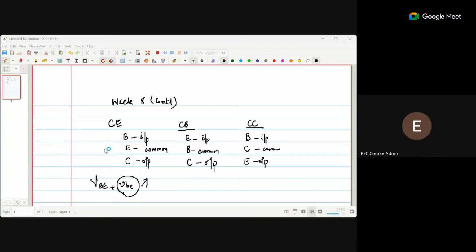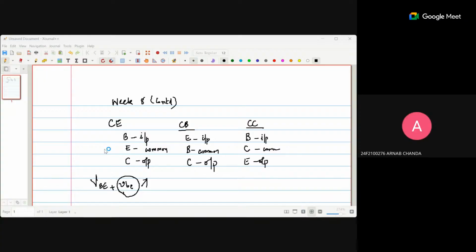Actually, for the NPN BJT, that knee voltage is around 0.6 to 0.7 V, VBE. That means in order to turn on the transistor, that is the voltage required. And this VBE is the DC value itself, the same notation.